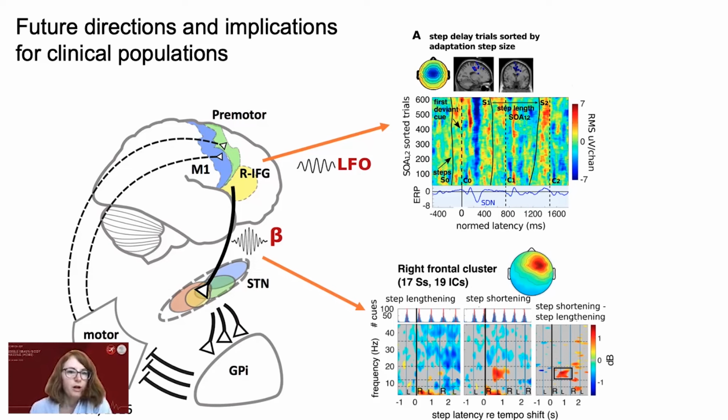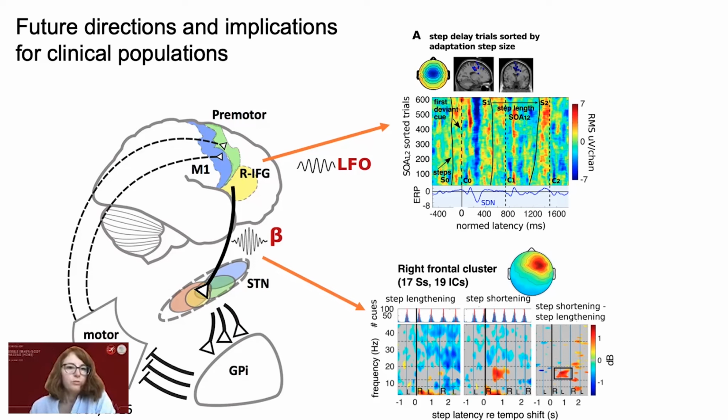And then if we find the same thing, this could be used, for example, for TMS treatments to tune TMS stimulation to the right frontal cortex using beta power frequencies, or to use medication that increases cognitive control to treat gait adaptation deficits.